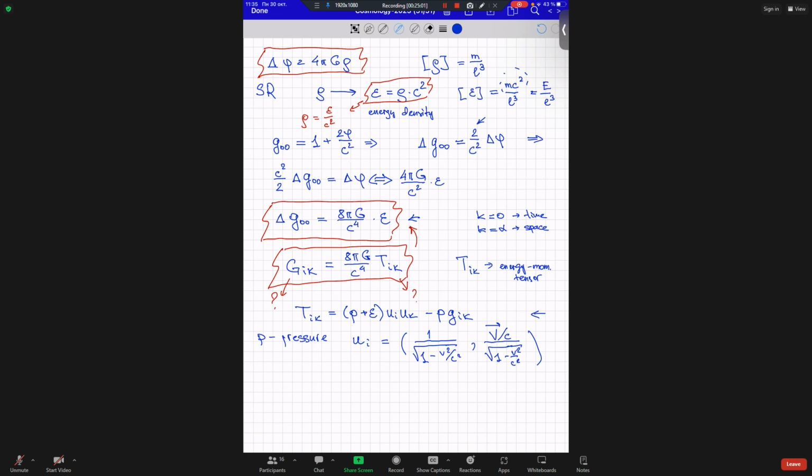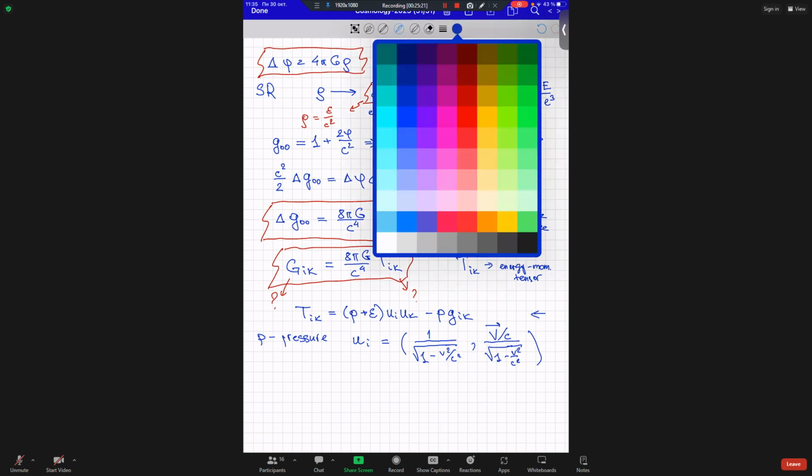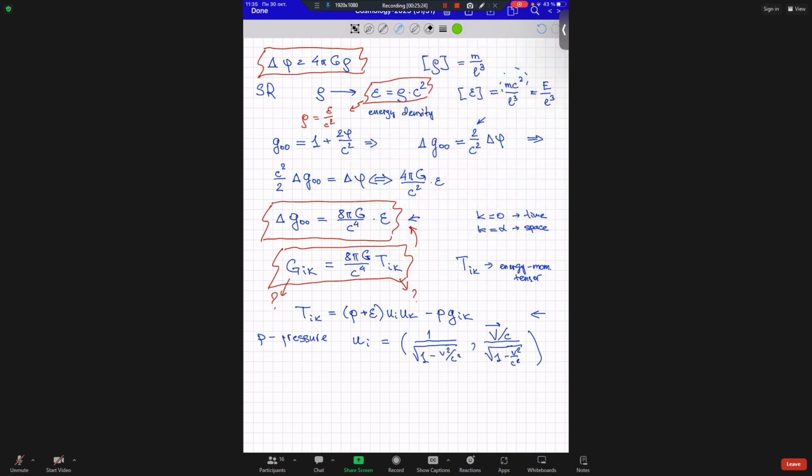In principle, we will consider it like a continuous or some special medium which can describe the distribution of matter of the universe. And we will do it a little bit later. This is what I would like to say about the energy momentum tensor, which is on the right side of the equation of gravity, which we would like to find. And again, we understand that the energy momentum tensor describes the matter from one side.